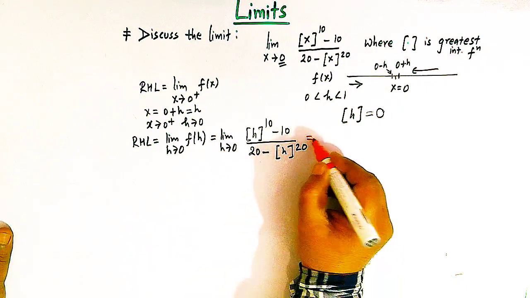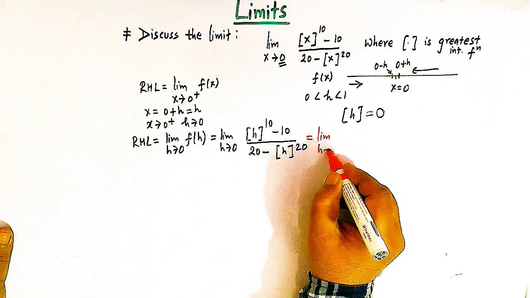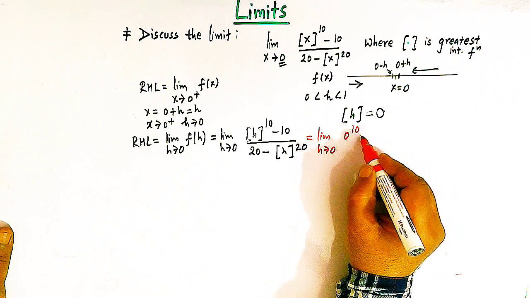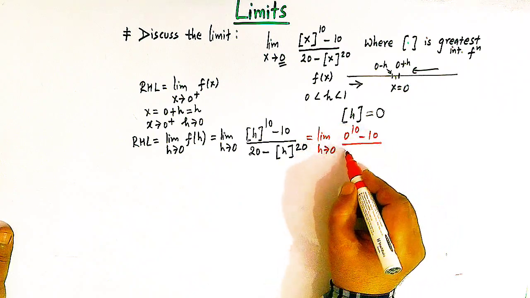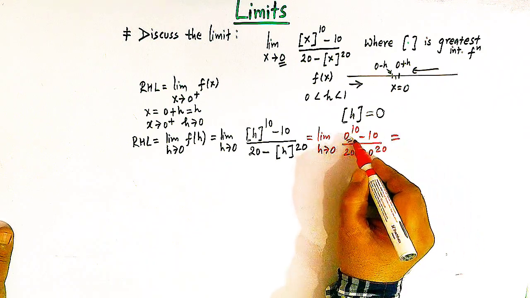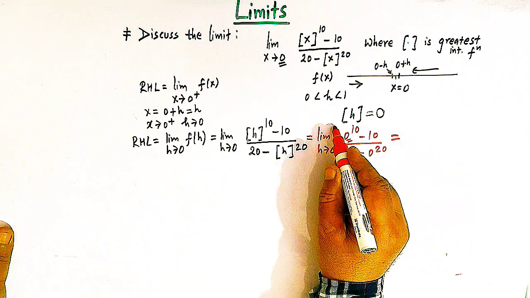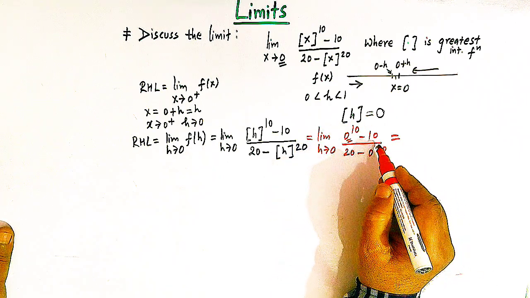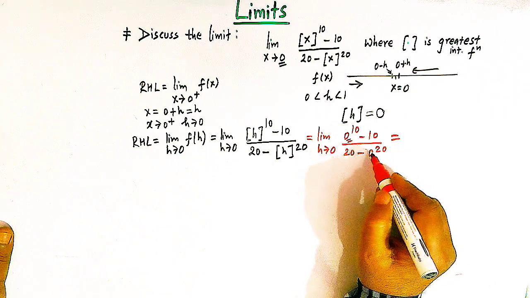So now we can write limit h tends to 0 of 0 raised to 10 minus 10, divided by 20 minus 0 raised to 20. This quantity is 0, and we can now omit the limit notation because this expression is independent of h. It doesn't contain h.